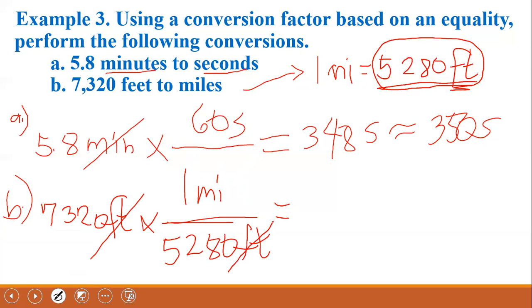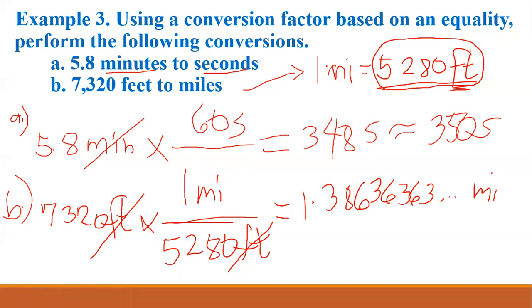Cancel natin yung feet and feet para maiwan si mile kasi kino-convert natin yung feet to miles. So this is now equivalent to 1.3863633, and so on, miles. Both 1 and 5,280 are exact numbers as they are found within the measured equality.